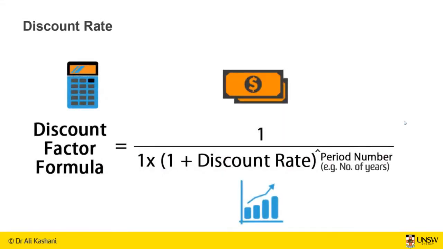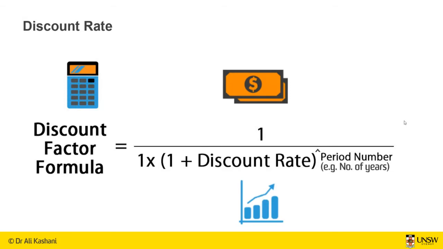Okay, as mentioned in this video, we use the discount rate in order to get the present value of money, because we know that $100 that we get 10 years from now is not going to be equivalent to $100 that we have now. So the formula to calculate the discount is pretty simple.